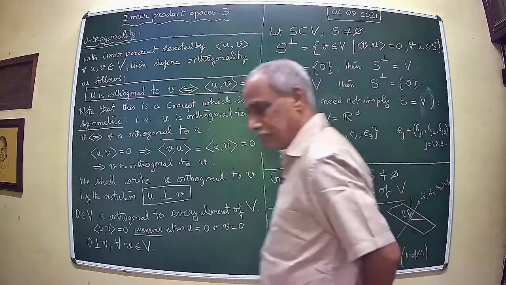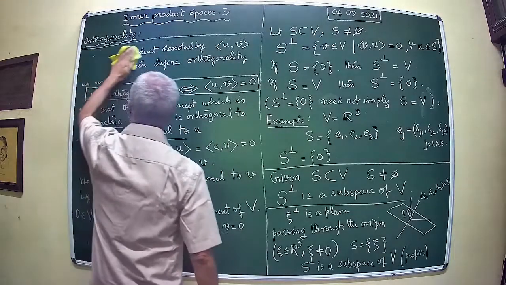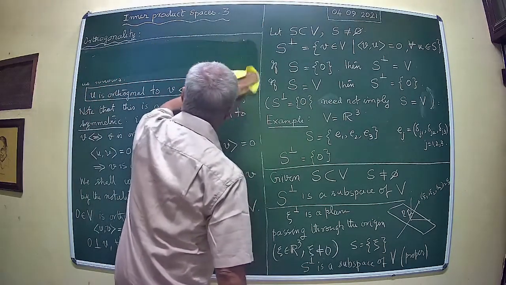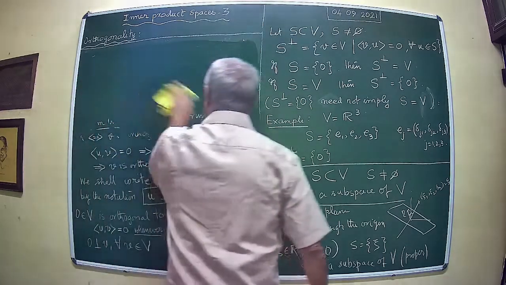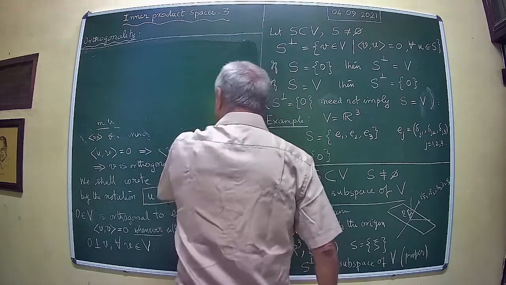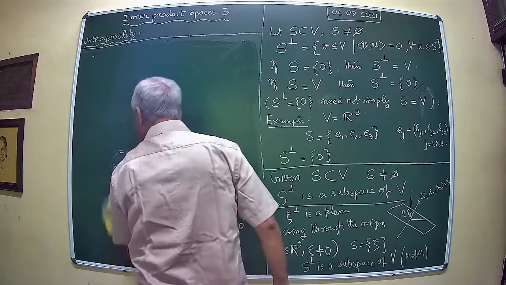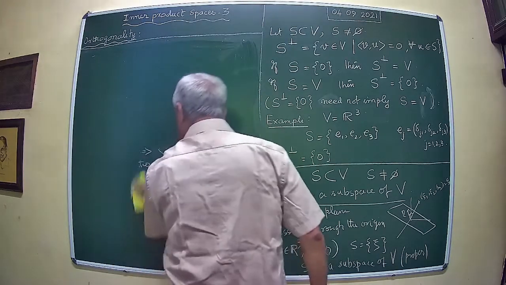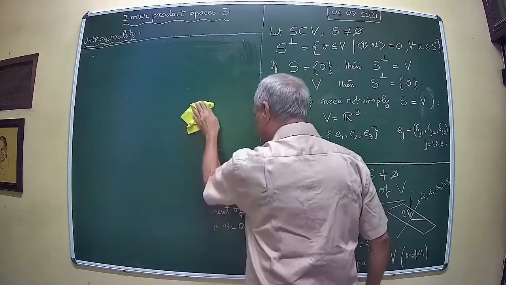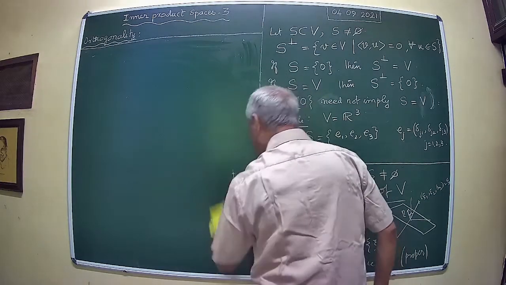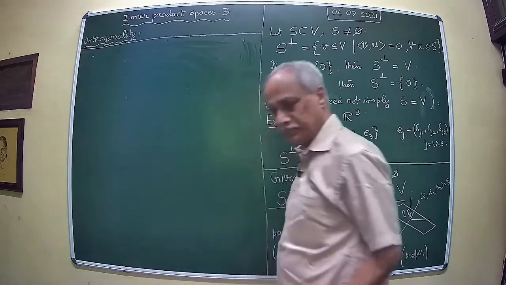Now you see that suppose S is a proper subset, or S is a subset of V. Then we have S perp.